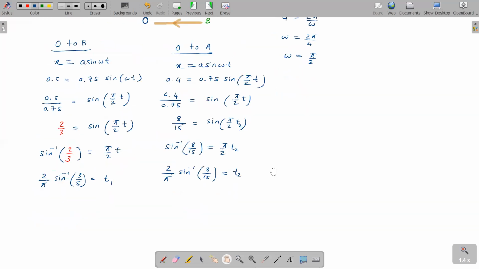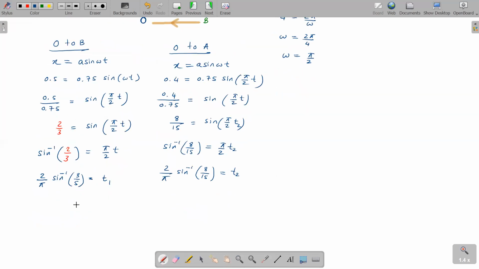Then the time taken to move directly from A to B will be T1 plus T2, which is 2 over pi into sine inverse 2 over 3, plus you add the other time, T2, which is 2 over pi into sine inverse 8 over 15.